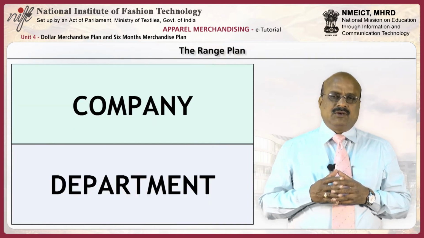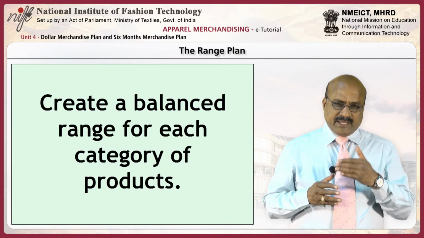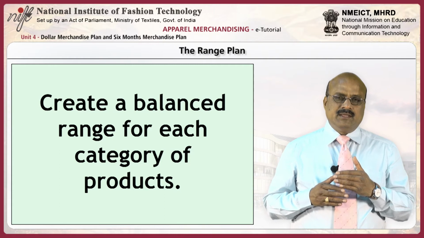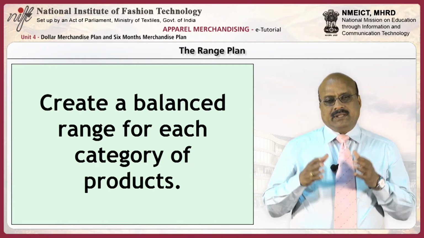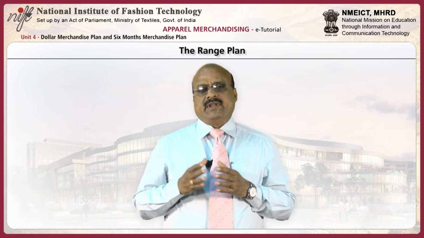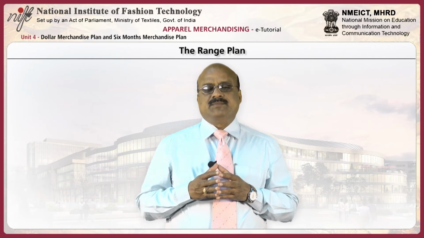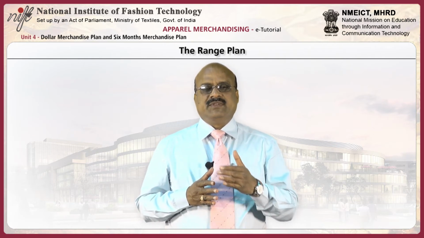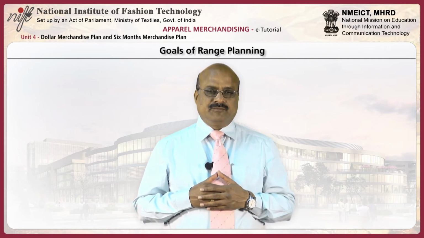Range plans are at the level of company and department level. The aim of the range plan is to create a balanced range for each category of products that the retailer chooses to offer. The process of range planning ensures that the goals of the merchandise plan fall into specific lines, many a times the stock keeping units.